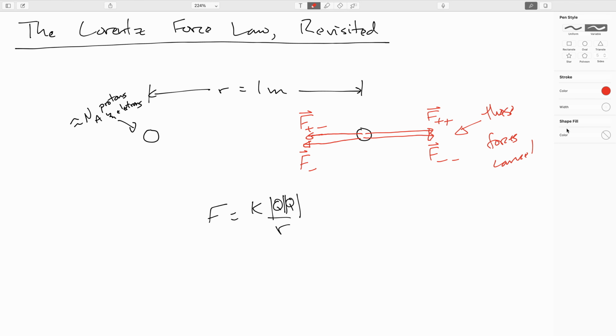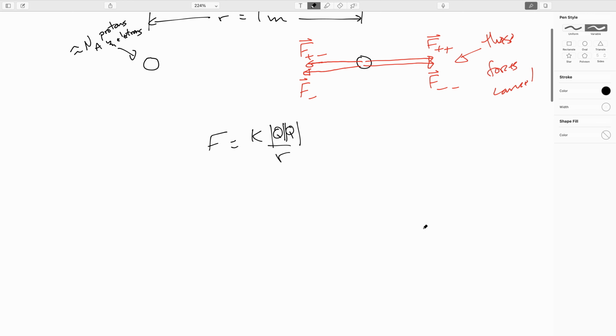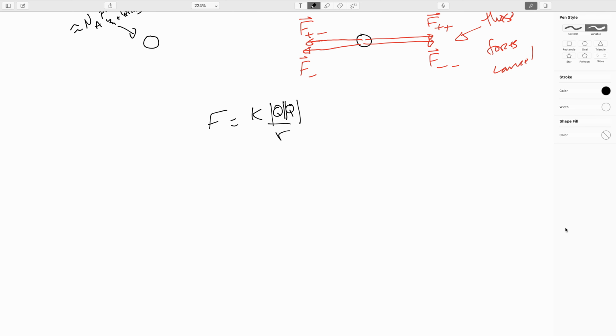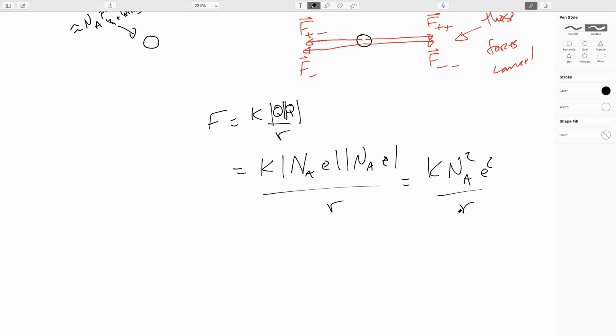But just for funsies, let's figure out how big this force is. Well, this is going to be K, and then for each one of these Q's we're going to have roughly Avogadro's number times the fundamental quantum of charge, over our distance r, 1 meter. So this will be K N_A squared e squared over r squared.